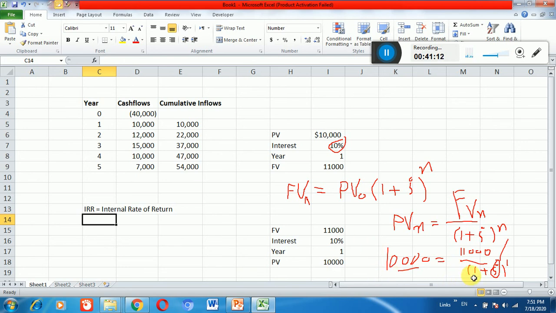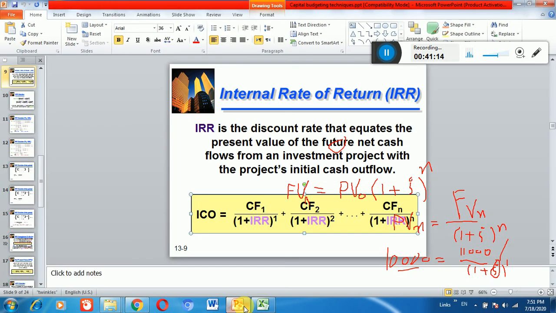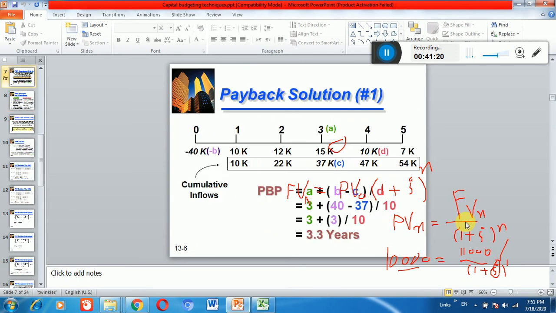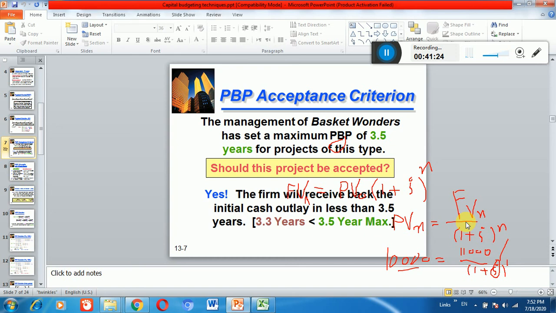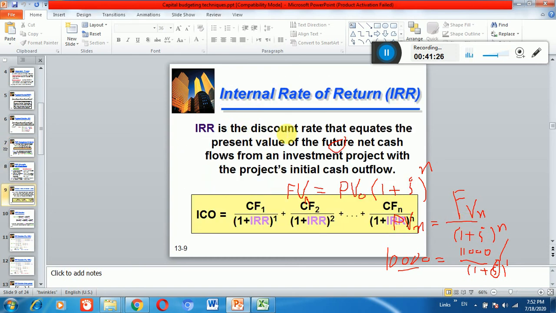So in this example, dear students, which is given in our example here, this is what is explained here about IRR, the discount rate, okay, that equates the present value of the future net cash flow. So look here in this example, which one is the discount rate? 10%.